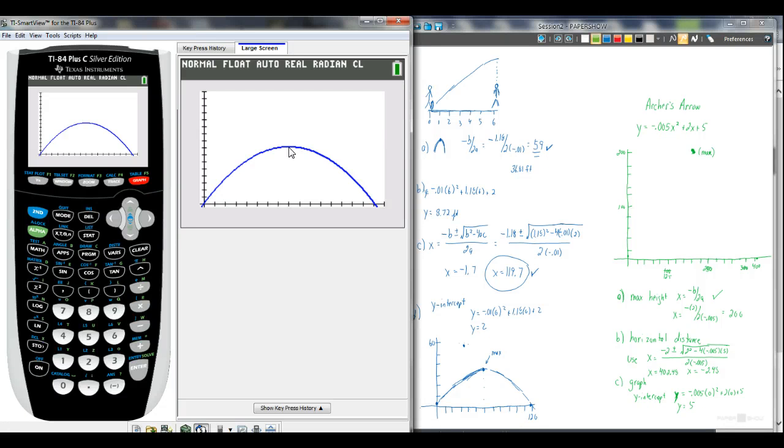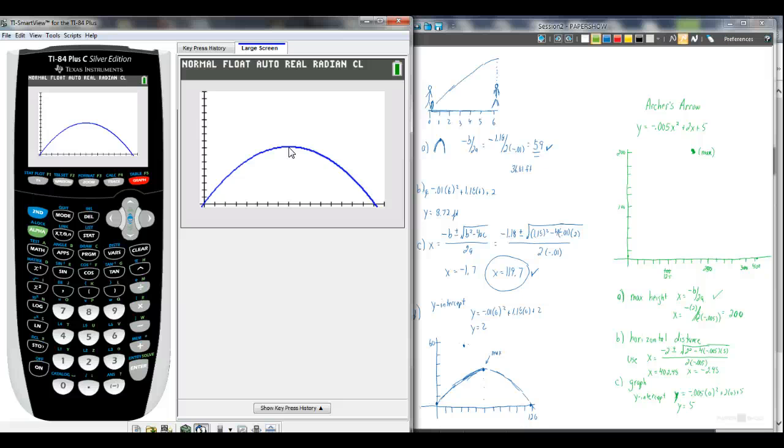So what I did was I plugged in 2 for b, and then negative 0.005 for a. And make sure when you put this in your calculator that the negative 2 goes in first, then divide, and then add parentheses around that denominator, and you'll come up with 200.